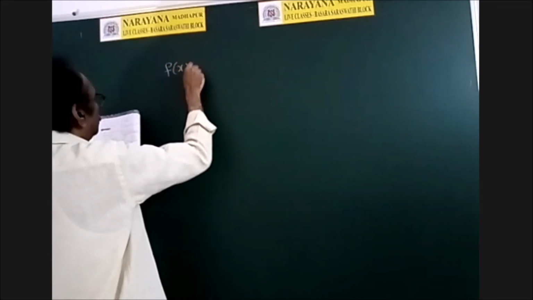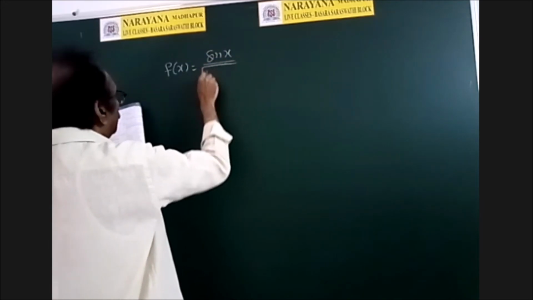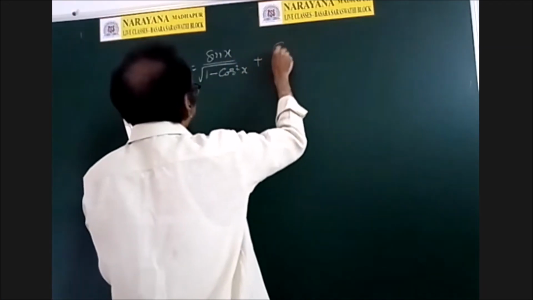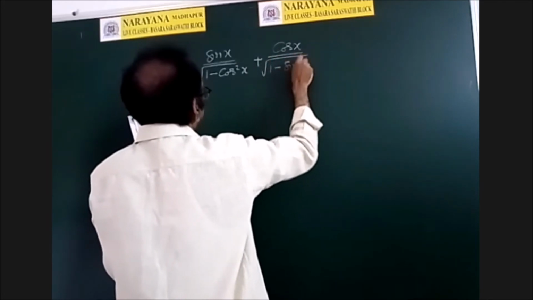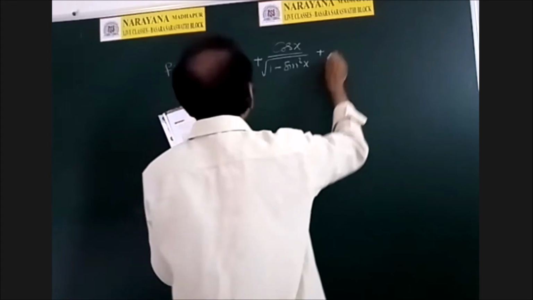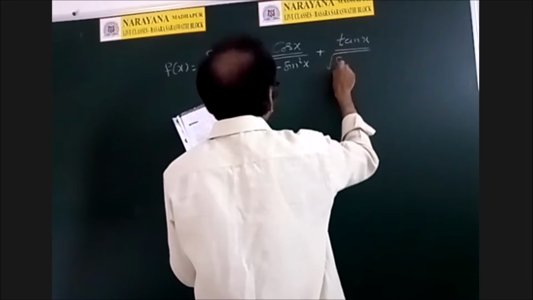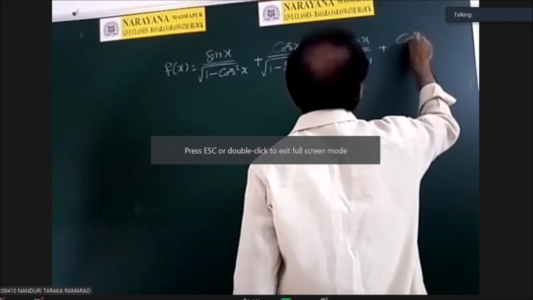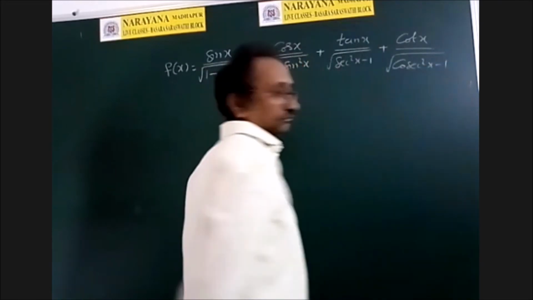What is the maximum value of the function f(x) = sin x by square root of 1 minus cos square x, plus cos x by square root of 1 minus sin square x, plus tan x by square root of secant square x minus 1, plus cot x by square root of cosecant square x minus 1.